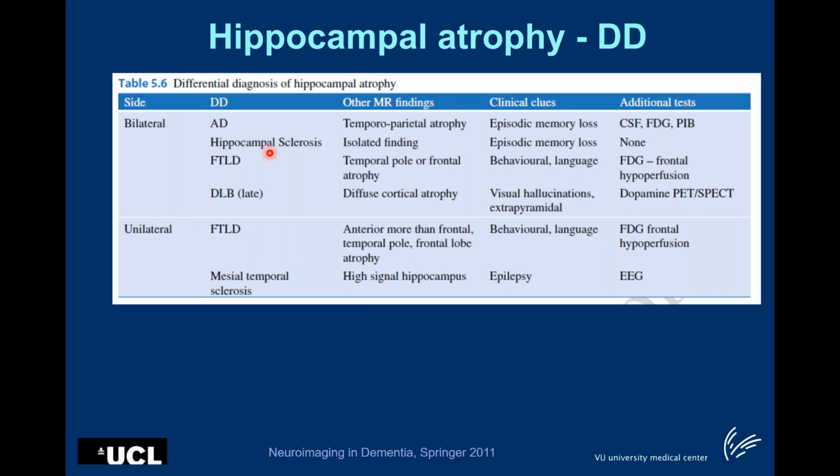This is a disorder that occurs mostly in very old people, so 80 plus, and I don't have a solution for that. In DLB, it tends to be a very late finding, and as I said, if it's unilateral, think of FTD. That is a really important differential diagnosis.